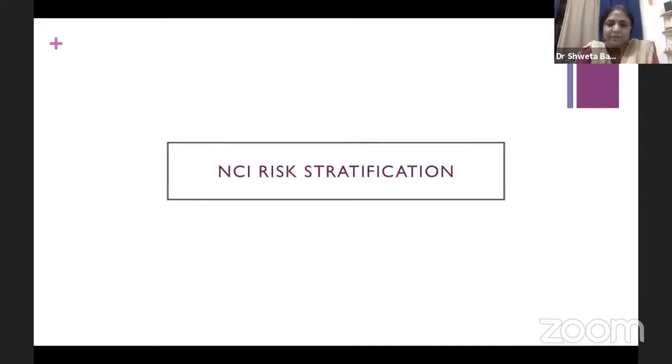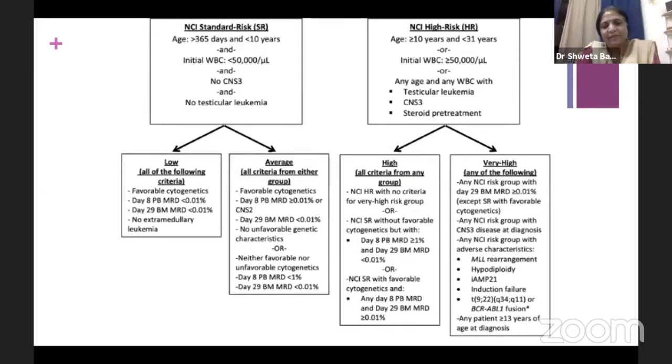So, NCI risk stratification. This is a busy slide, but it shows how to apply the various MRDs in various risk categories. In the standard risk category, they started to divide between low risk and average risk depending upon the MRD results. And in the high risk, they started dividing into high and very high risk groups depending upon the MRD results.